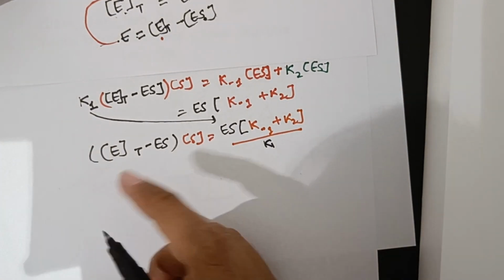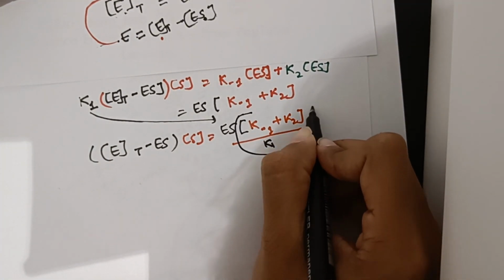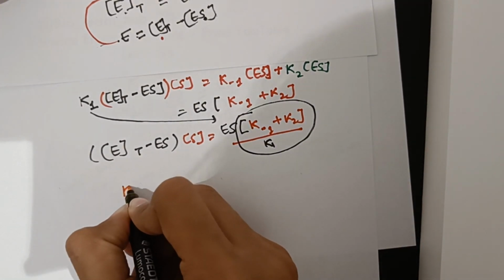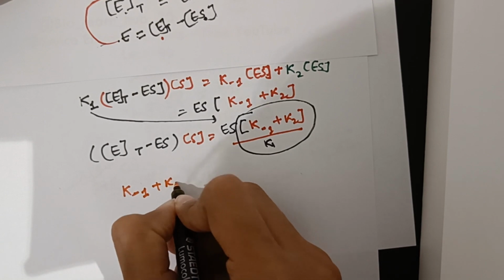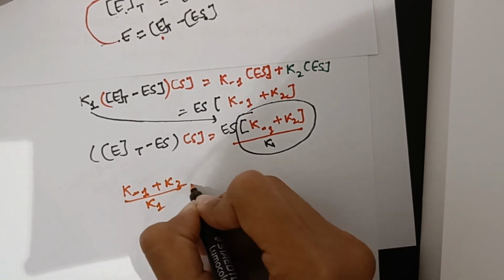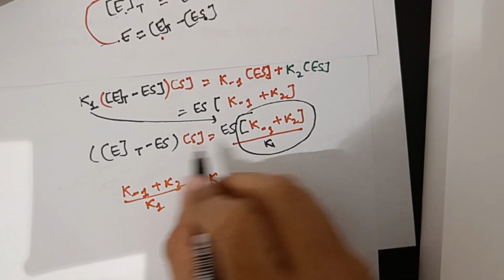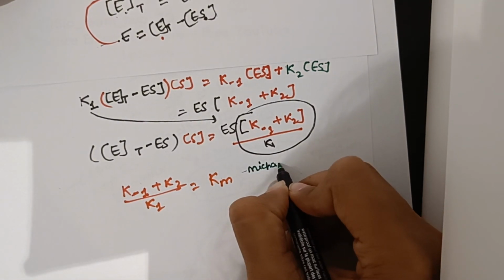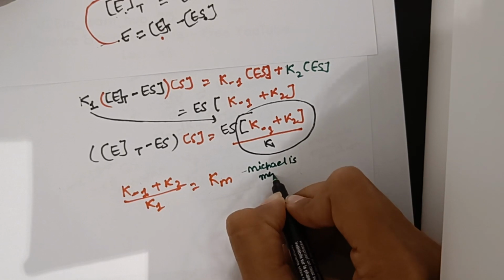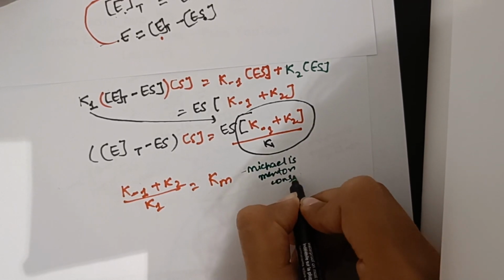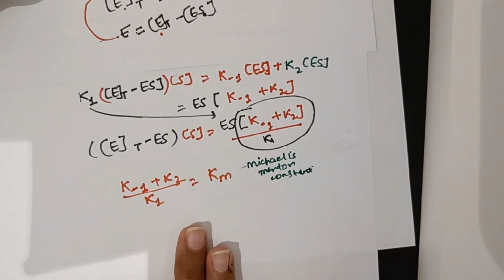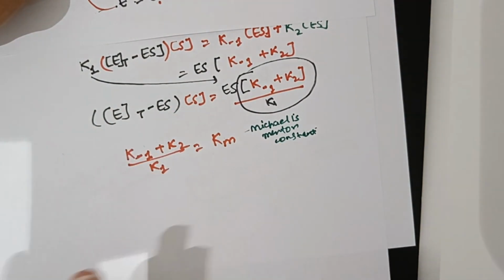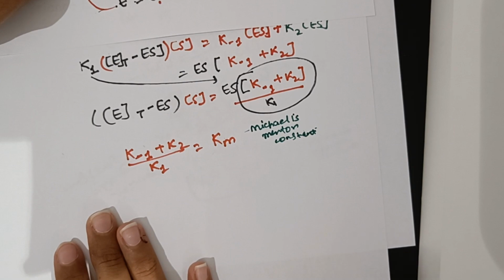Okay, and this is what is called the Michaelis Menten constant. So K-1 plus K2 upon K1 is called Km, the Michaelis Menten constant. I will talk about it in detail after deriving this equation, what is Km and everything.